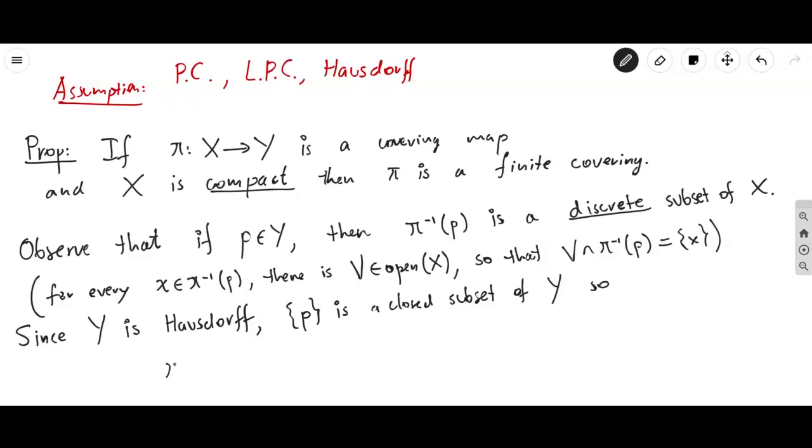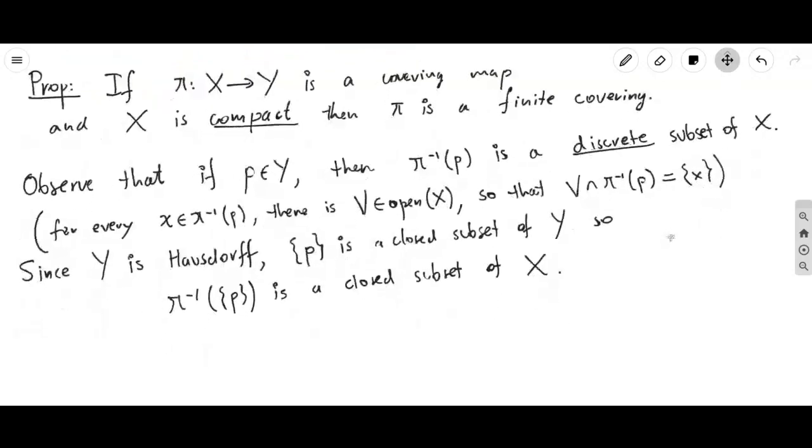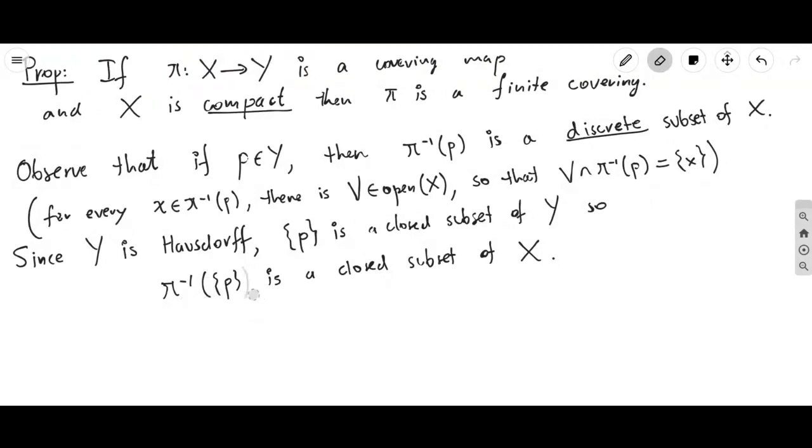And so when you pull back something that's closed, this is a closed subset of x. This is just continuity. When you pull back a closed set, you get a closed set. So this is a closed subset of x.